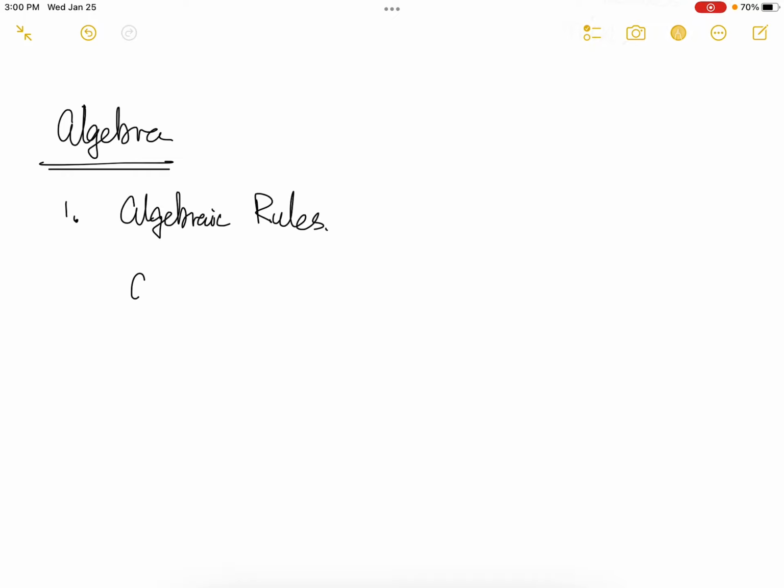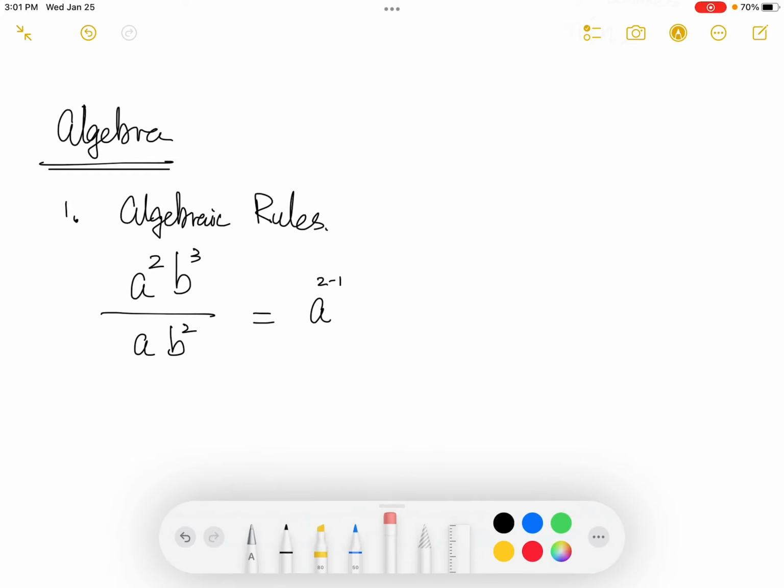So when you have, let's say, a squared b to the power of 3 divided by ab squared, what you do is we subtract the exponents, right? So 2 minus 1, which is going to be 1, and then b, 3 minus 2, which ends up equal to 1 as well.